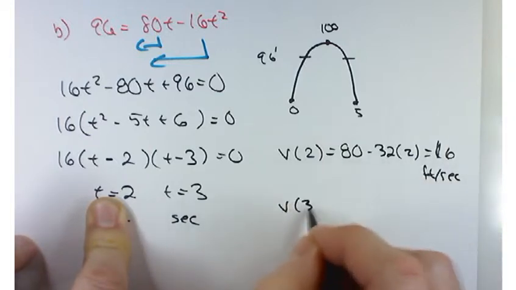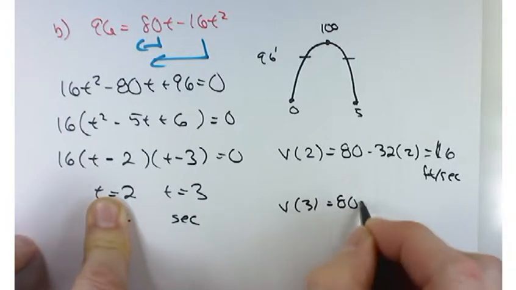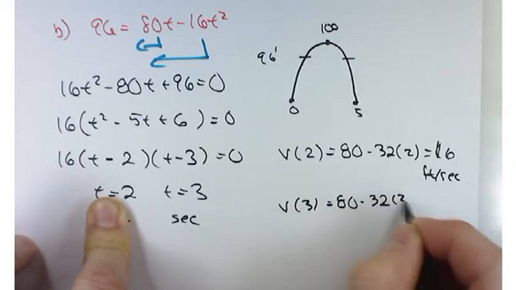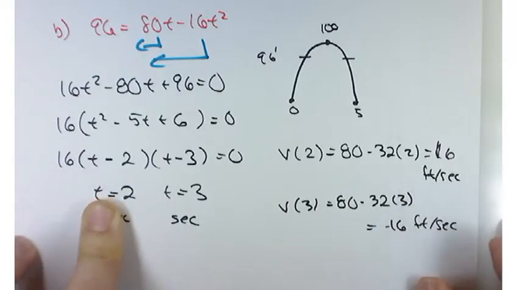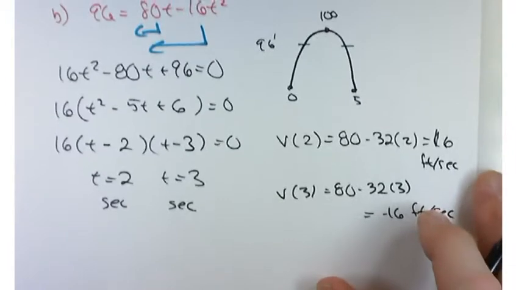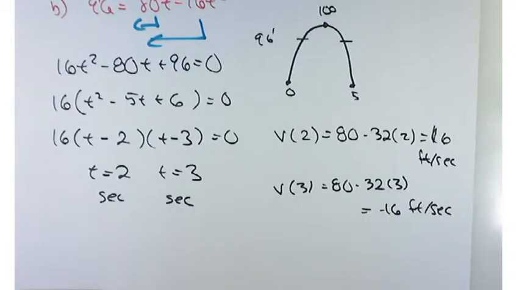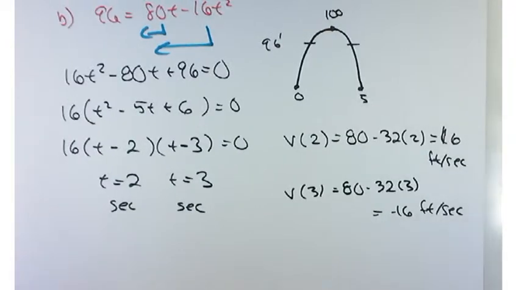And v of 3 is going to be 80 minus 32 times 3, which gives me negative 16 feet per second. What's the significance of that negative there? What's that telling me? Yeah, it's going down. That's the significance of the negative. Nice.